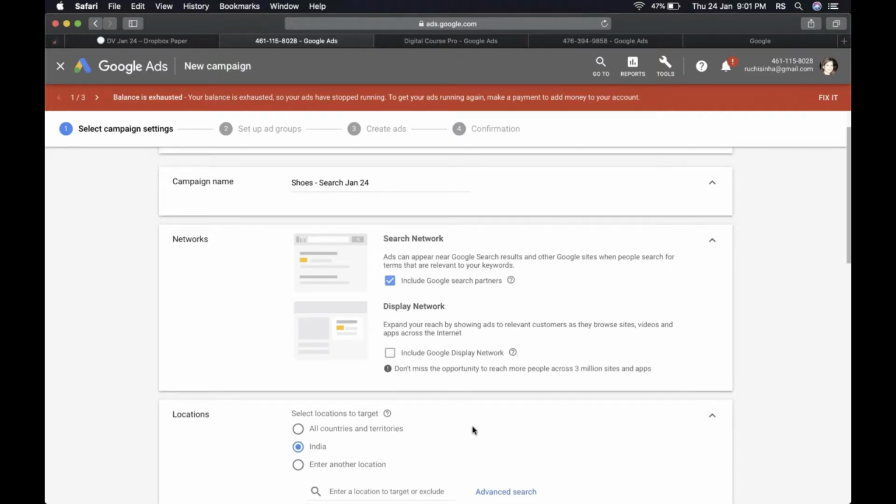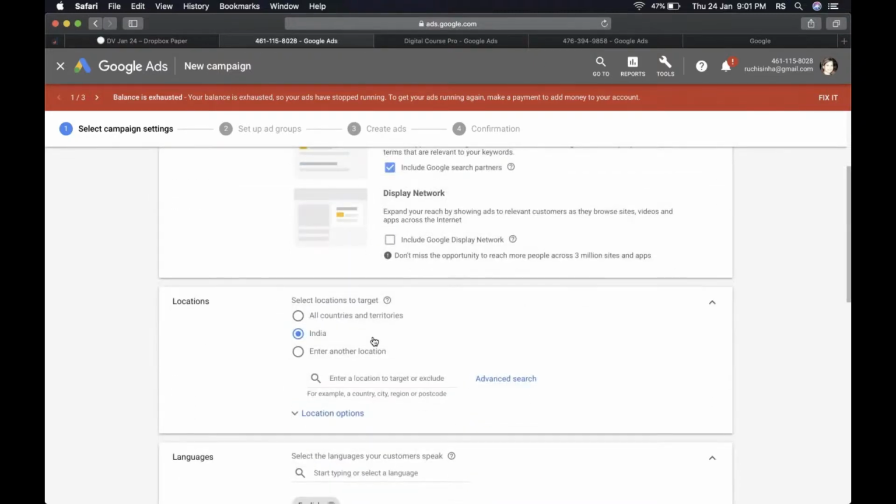This we will not do, because these are two different networks. This option is there just for people who would like an easy way to start, but it will not have all the control. If we want to create a display network campaign, we will create it separately, so we will not use this here. Okay, and then location.